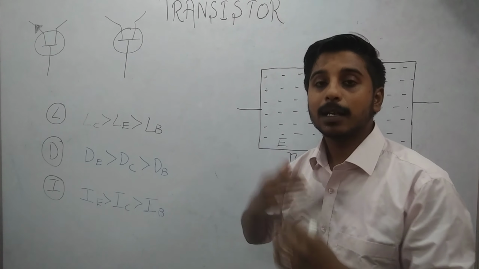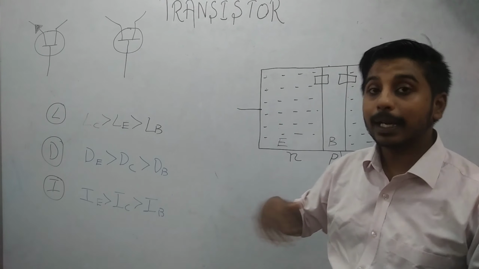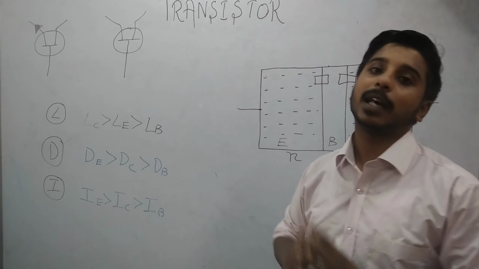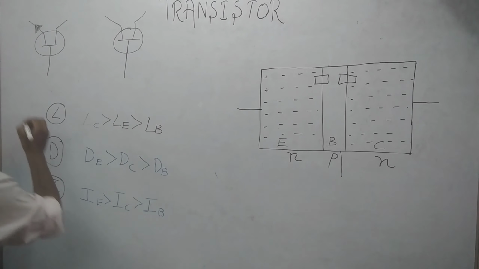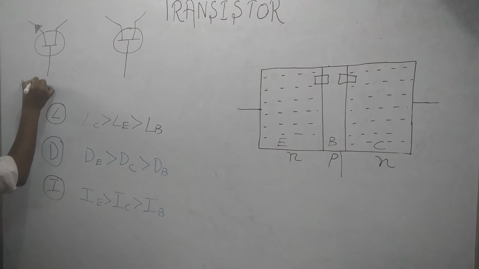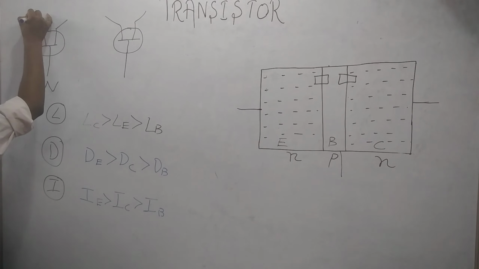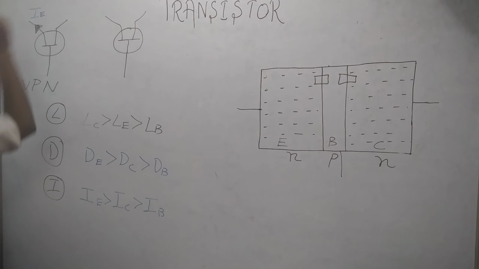As the current is going outward, that is current निकल रहा है, so it is an NPN type of transistor. And you also need to memorize that this arrow signifies the current of emitter. This is current IE, which is current of emitter. So it is NPN.